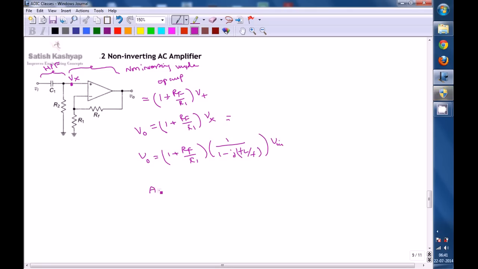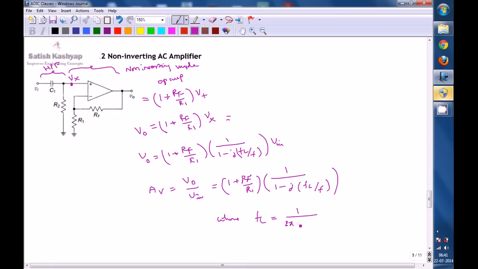So the voltage gain AV is V0 divided by V input, which is equal to 1 plus RF by R1, the gain provided by the non-inverting op amp, times the high pass filter response 1 by (1 minus j FL by F), where FL is equal to 1 by 2 pi R2 C1. Look at this: R2 and C1 are the combination, so 1 by 2 pi R2 C1 is the lower cutoff frequency.